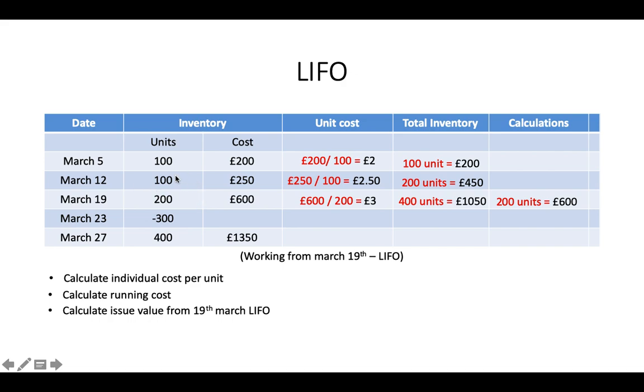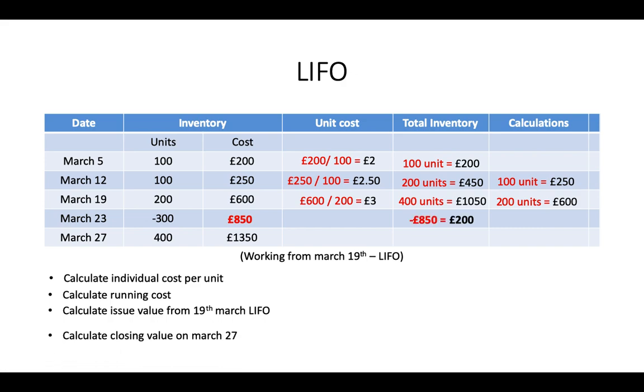We have another 100 units available here on March the 12th at £2.50 a unit, which is going to value it at £250. There we have our 300 units. Add together the two different costings of 600 and 250, gives us a valuation of that issue of £850.